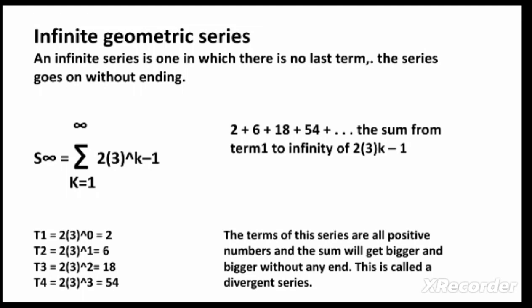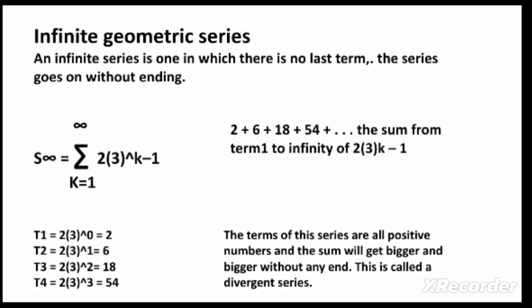So those are our terms, 2, 6, 18, and then 54. So if you notice the ratio, remember in geometric series we have a ratio. We divide the second term by the first term, we get the ratio. We divide the third term by the second term, we get the ratio. So in this case, the ratio is 3.